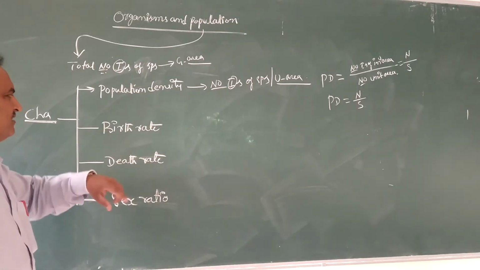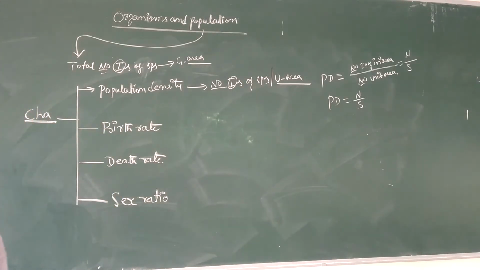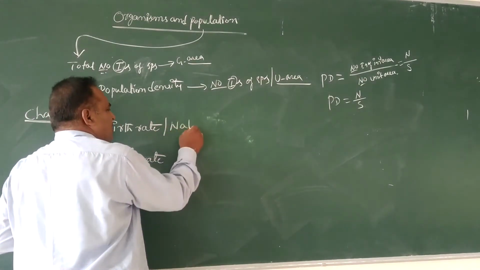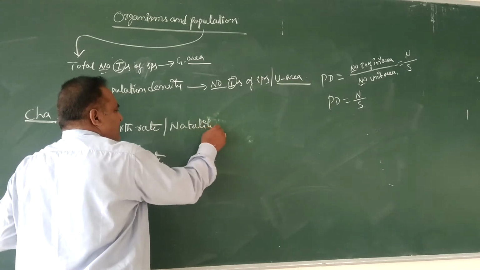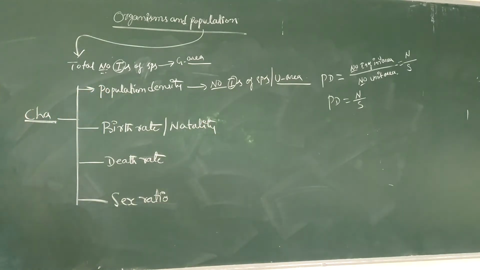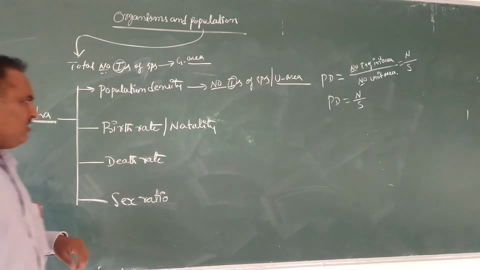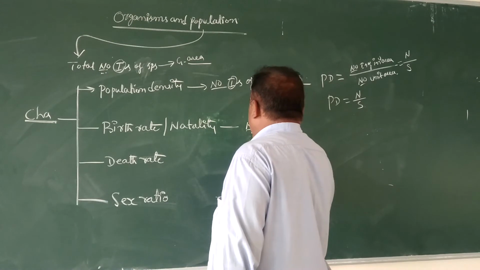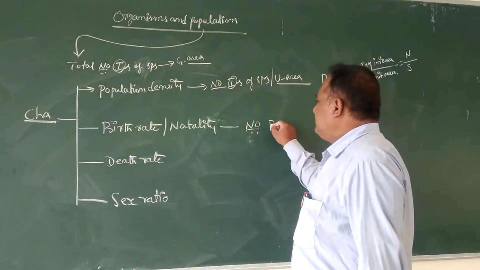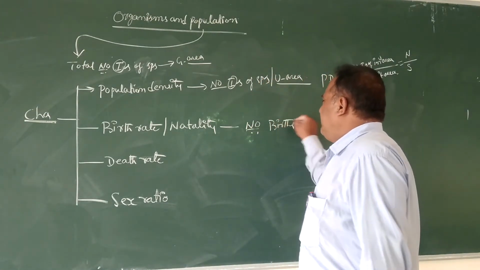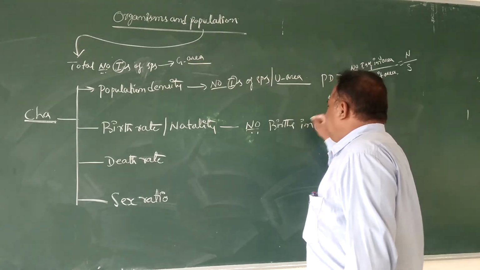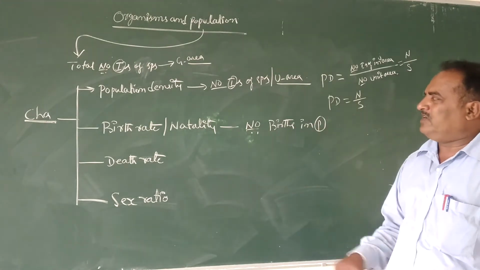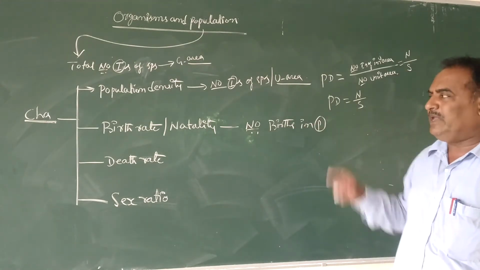And one more character, birth rate. Birth rate is also called natality. Here natality or birth rate means the number of births in a population at a given period of time.